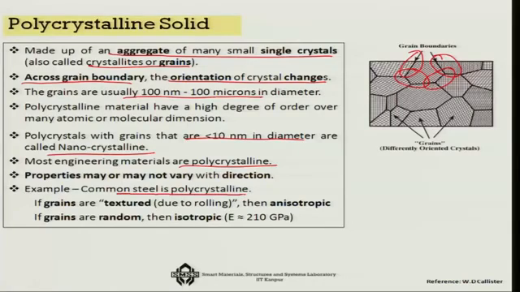As an example, common steel is polycrystalline, and if the grains of these polycrystalline materials are textured due to rolling, then it will become anisotropic. Okay. But if the grains are random, then it will be isotropic.